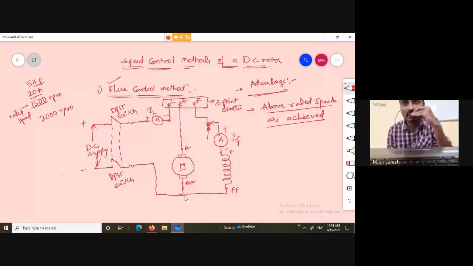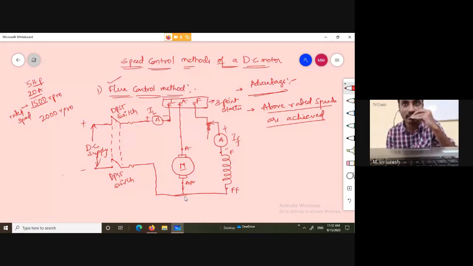Here the 3-point starter is used to start the DC motor in a safe manner. Why it starts safely: a number of resistances in the 3-point starter are connected in series with the armature, because at the time of starting a DC motor, a huge amount of current is drawn by the motor.